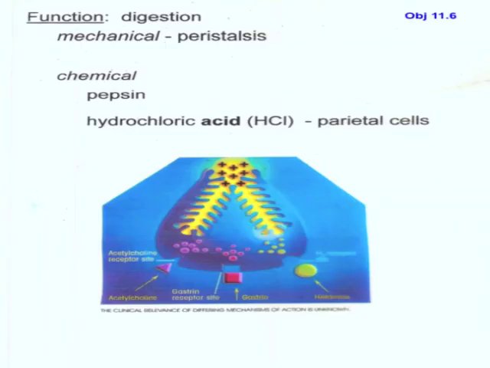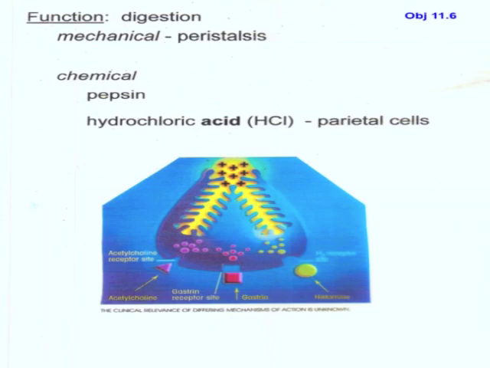The function of the stomach is digestion. It conducts digestion in two methods: mechanical through peristalsis and chemical through pepsin, which is an enzyme that digests proteins, and hydrochloric acid, which is produced by the parietal cells that also breaks down our food in our stomach.